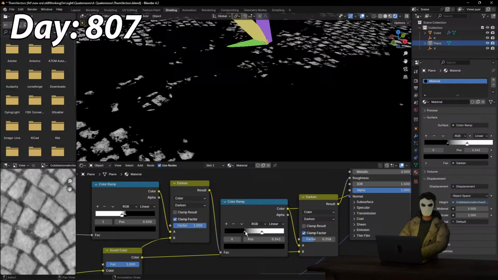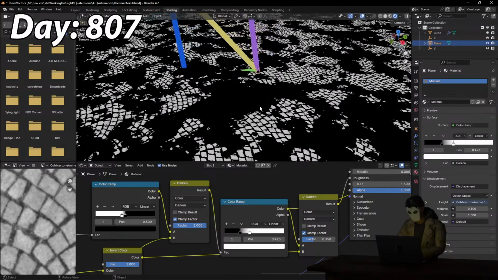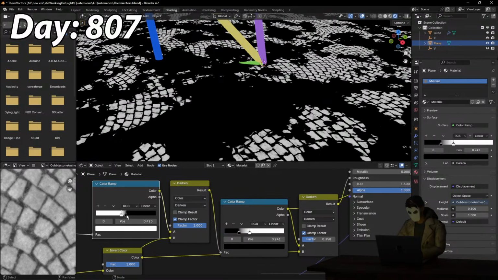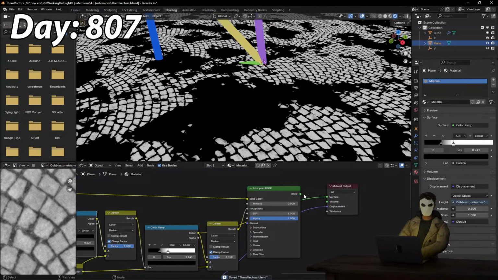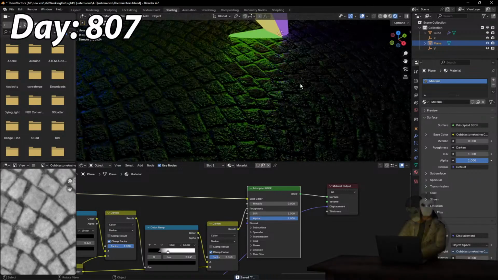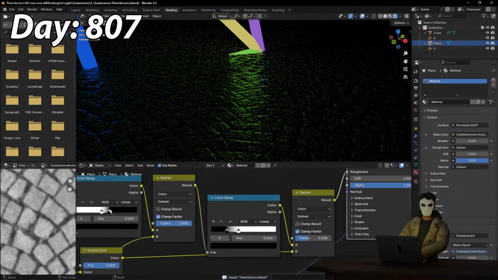We want the roughness to be high at the peaks, which would mean like this. There we go. Now I can control this and that. And there we go. Now the top of the bricks is usually drier.